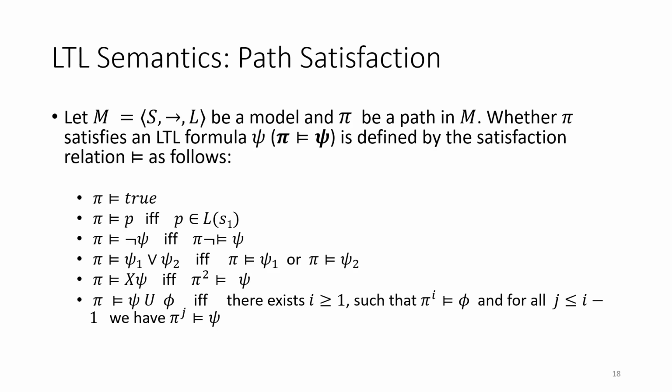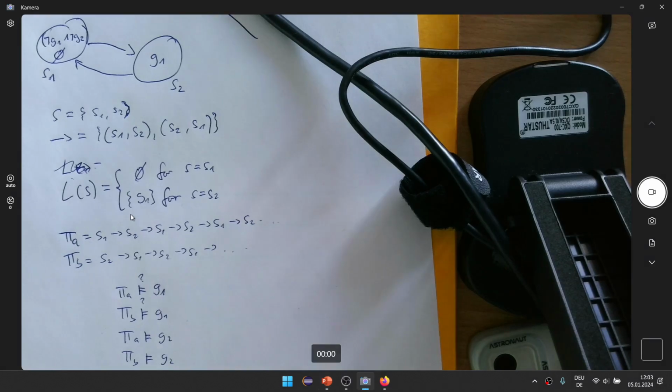So that's an example of this second bullet here, right? We have a single atomic proposition, and we want to check whether the path satisfies this formula. This formula here is an LTL formula, right? A single proposition is an LTL formula. So does path A satisfy this G1 formula?